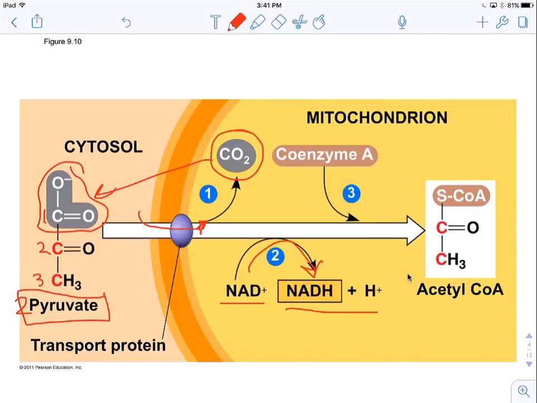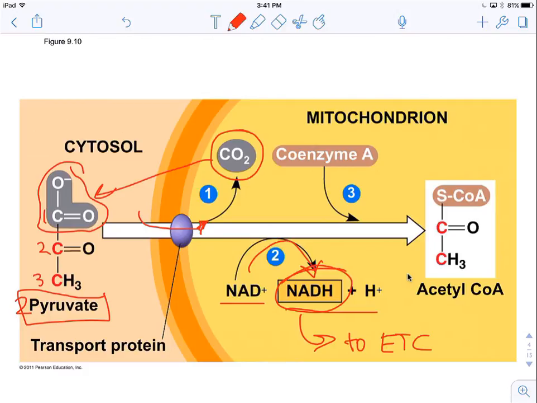And as you remember, these NADHs are going to go to the electron transport chain and carry those high energy electrons there so that they can be used to synthesize ATP.